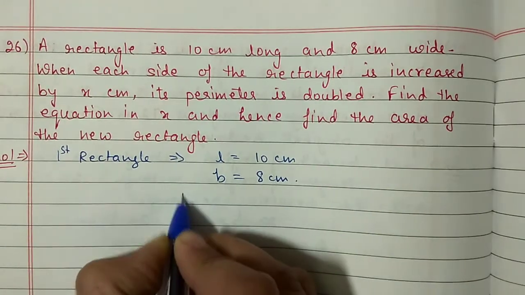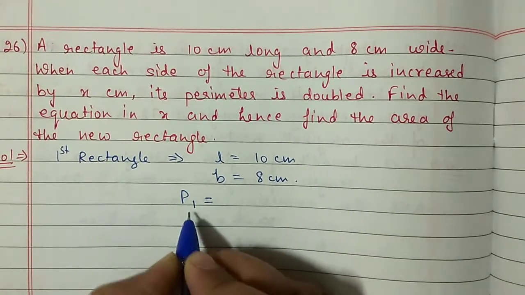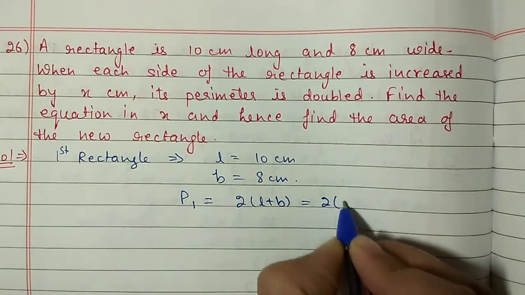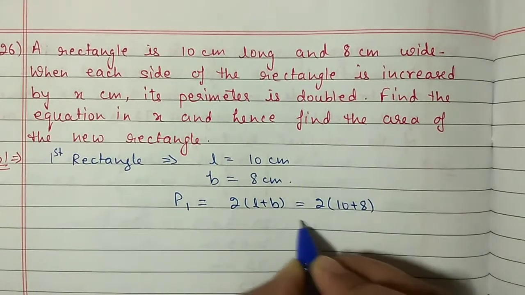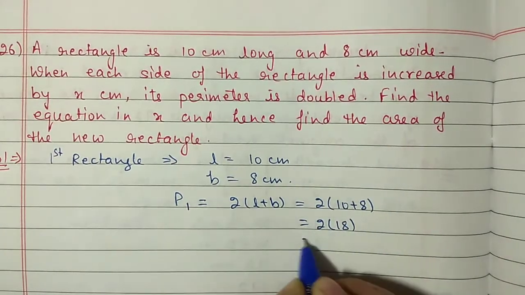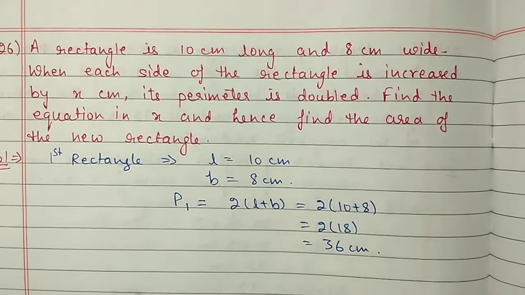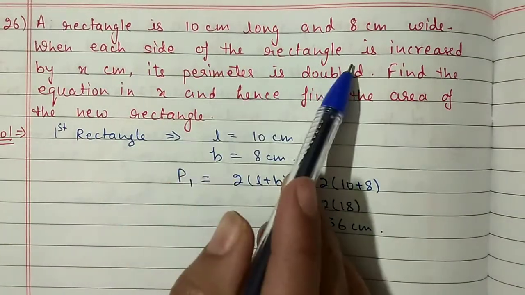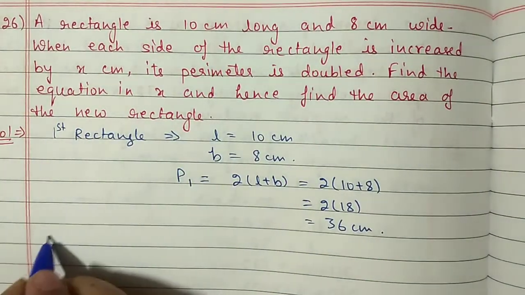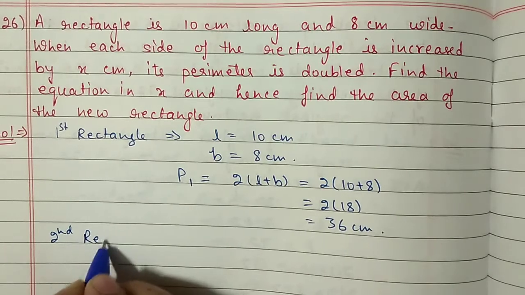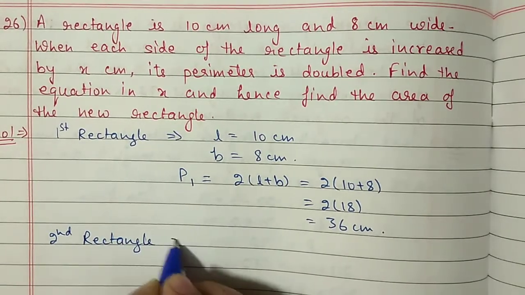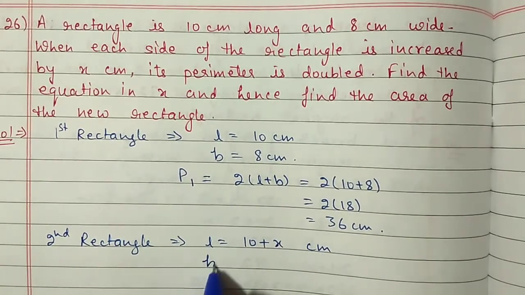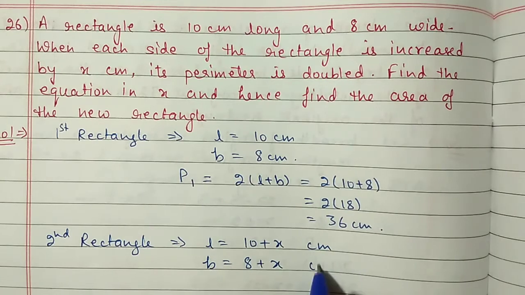So the perimeter of this first rectangle, we can denote it by P1, is 2 times L plus B, which is equal to 2 into 10 plus 8, which means 18, and 2 into 18 is 36 centimeter. Now the second rectangle, when each side of the rectangle is increased by x. So for the second rectangle we have length 10 plus x centimeter and breadth 8 plus x centimeter.